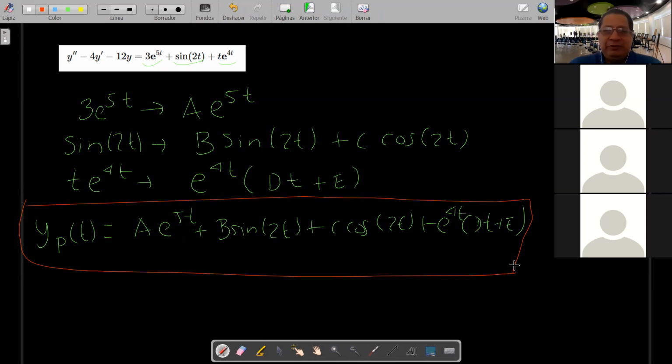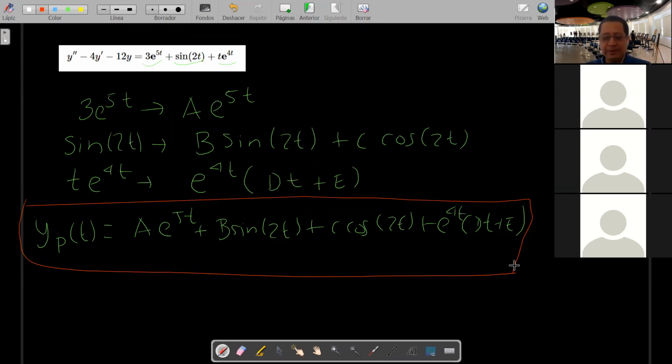So you're ready to find a solution for all the ODEs having these three basic kinds of functions or a linear combination of those functions. Once again, linear means product or addition of products of these three kinds of functions.